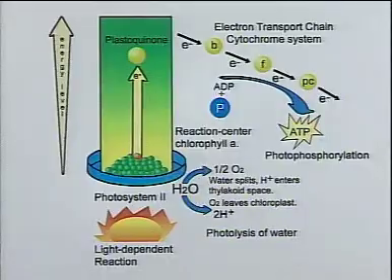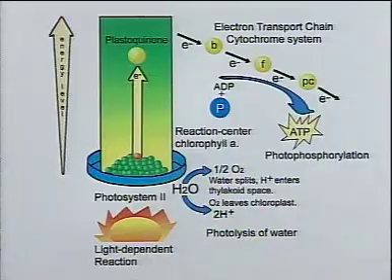This process is part of photochemical system 2. The solar radiation arrives at the reaction center, where the chlorophyll A molecule absorbs the energy and releases an electron, which in turn is passed on to an electron acceptor known as plastoquinone.